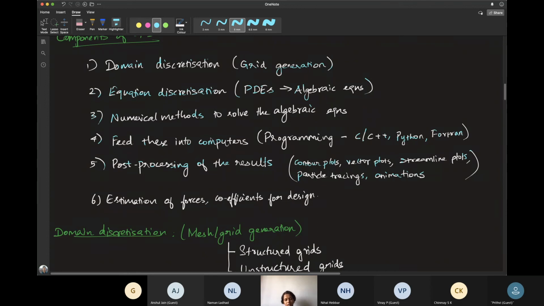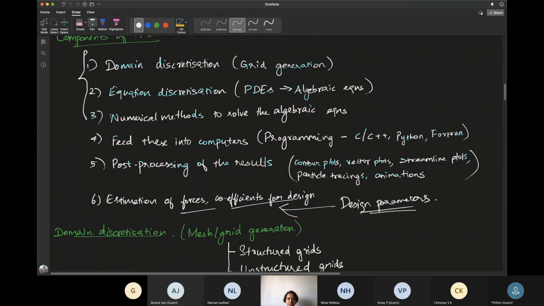Now why are you doing all of this? You essentially want to see how the solution behaves only to design something. That is, you first fix some design parameters initially, and then you formulate all of these.